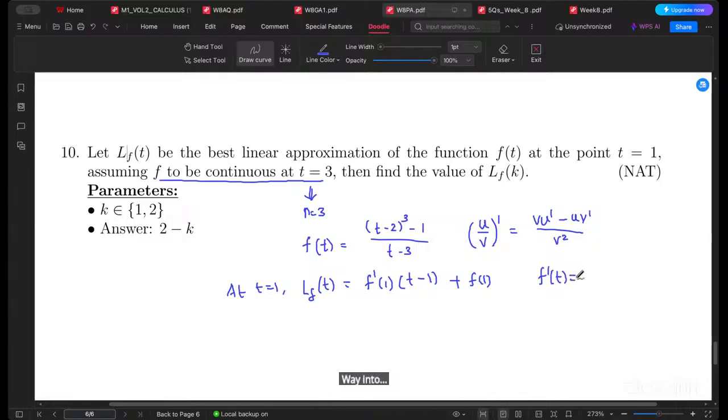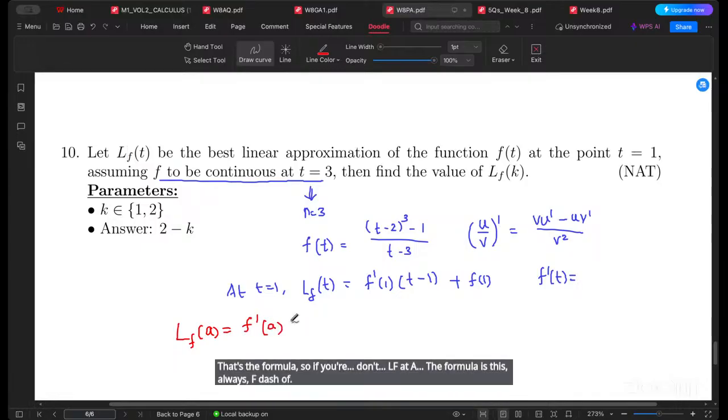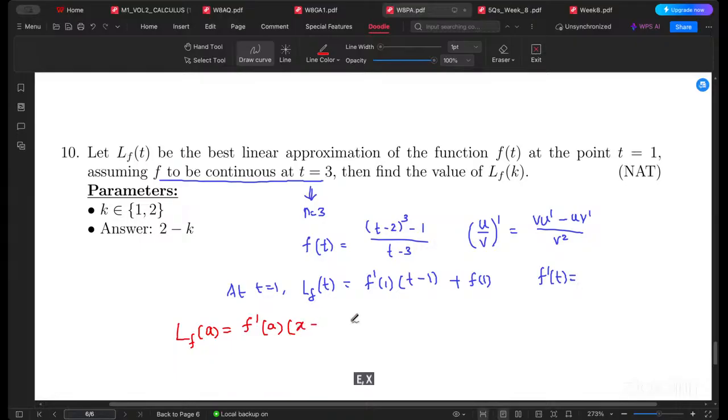Excuse me, ma'am, how do you get LF of t? That's the formula. LF at a, the formula is always f dash of a into (x minus a) plus f of a.